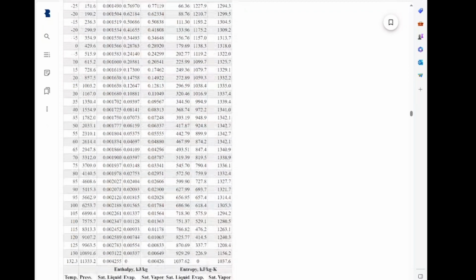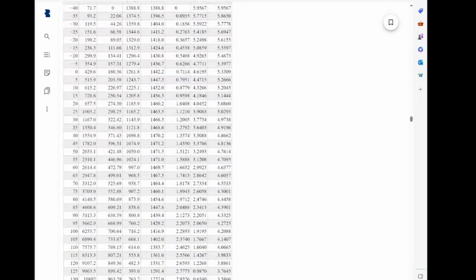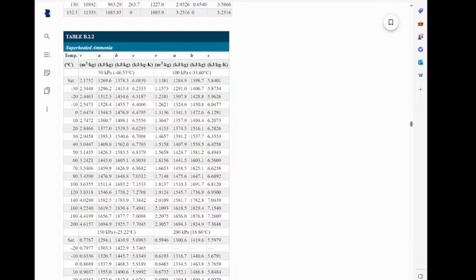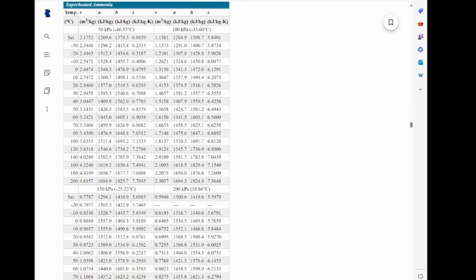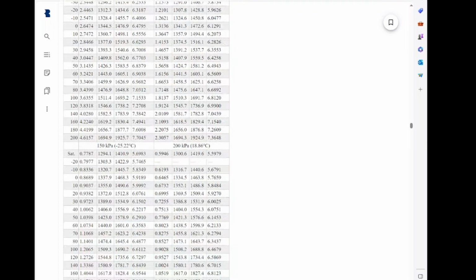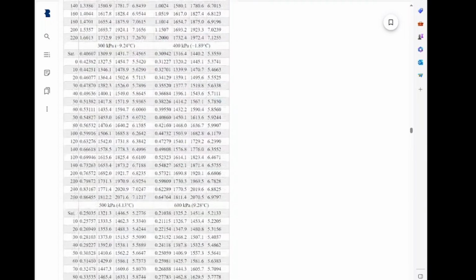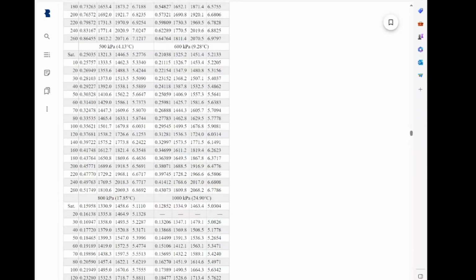Okay, in the second part, we're going to scroll down to the second table. Now in this case, we're going to look through the table. Now this is superheated ammonia. So now there's only just one specific volume for saturated vapor. And if we keep scrolling down, now we're at 40 degrees.